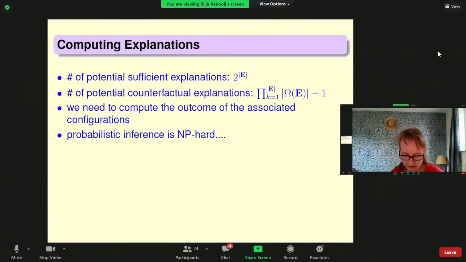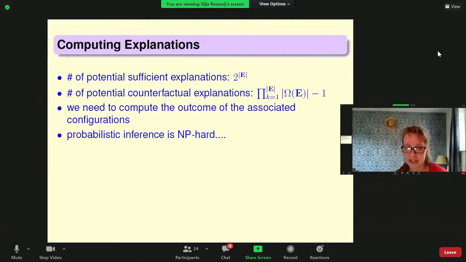So we've got these nice definitions, but if we think about how to establish these explanations, well, the number of potential sufficient explanations is exponential in the size of our set of observations, because we have to consider all possible subsets.